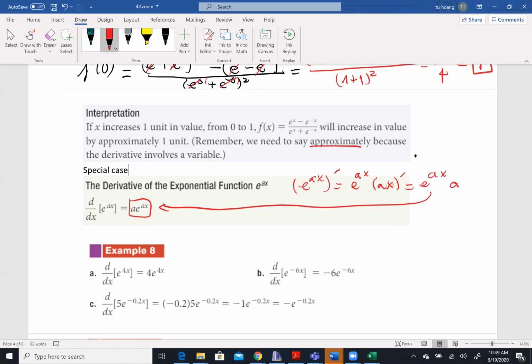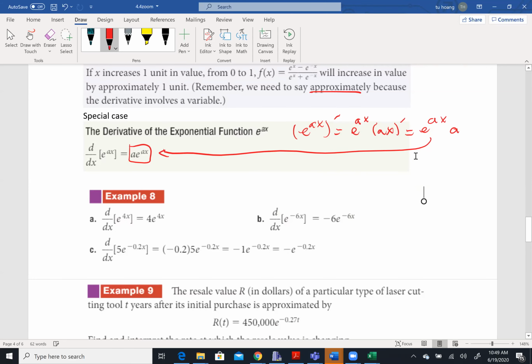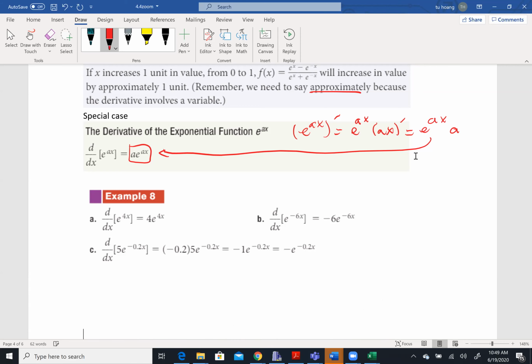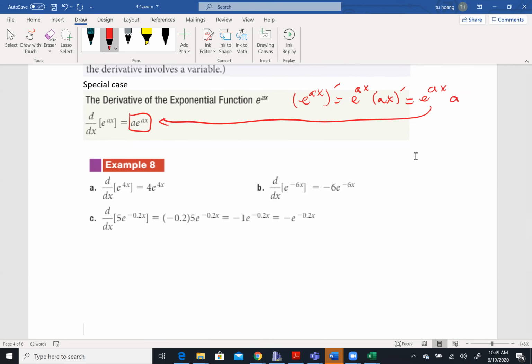So let's apply that in example 8 here. Let me do it quickly on problem A. I actually have the solution for A already.